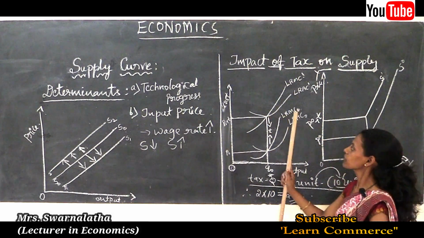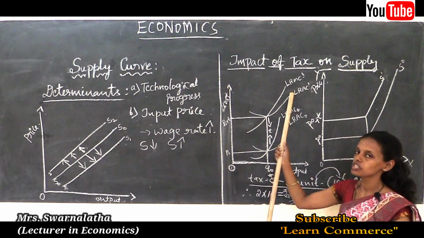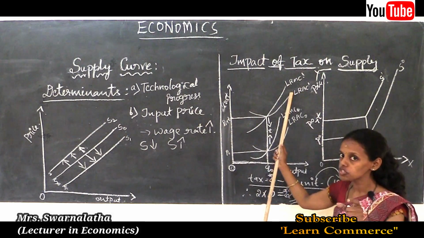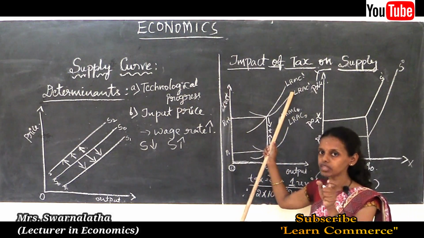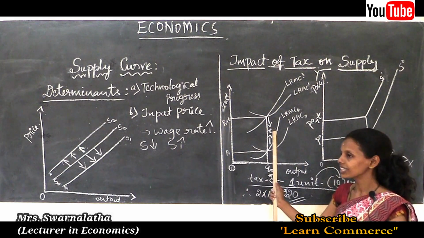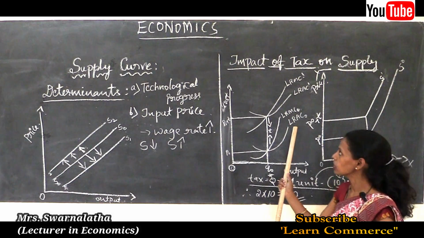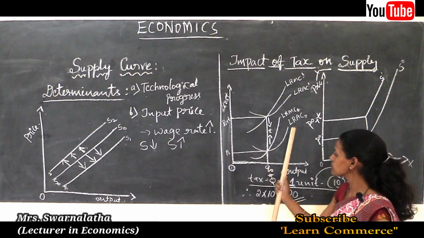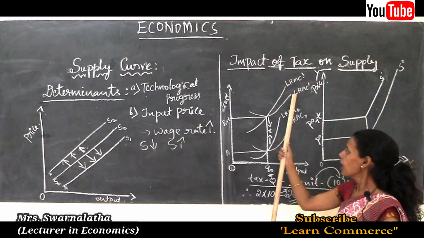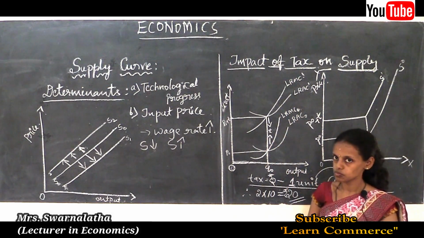That is, the LRAC curve shifts from LRAC naught to LRAC 1 due to the imposition of T amount of tax, and LRMC naught to LRMC 1 respectively.